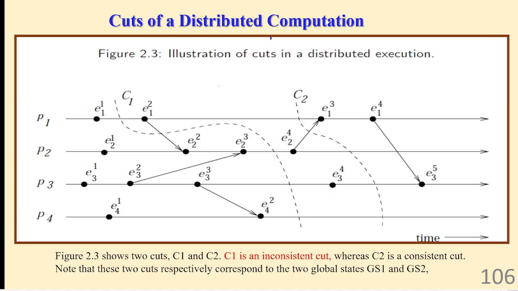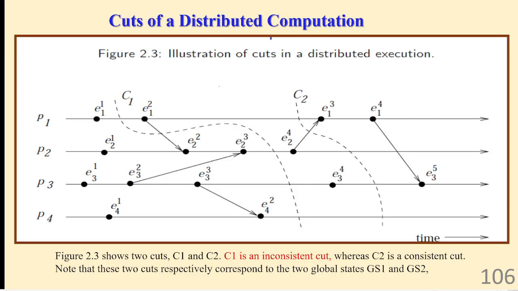It has a left side and a right side. All those events on the left side of the cut are called the past, and all those on the right side of the cut are the future.